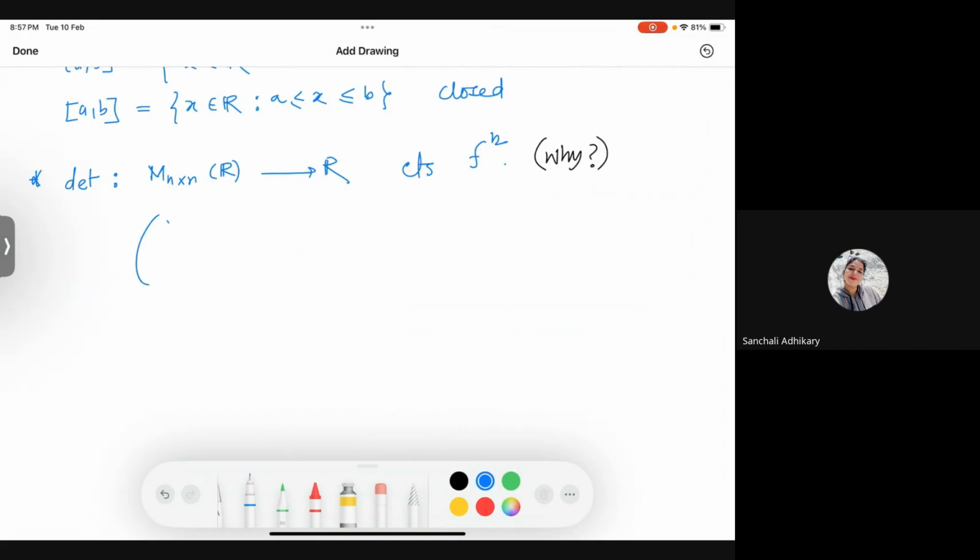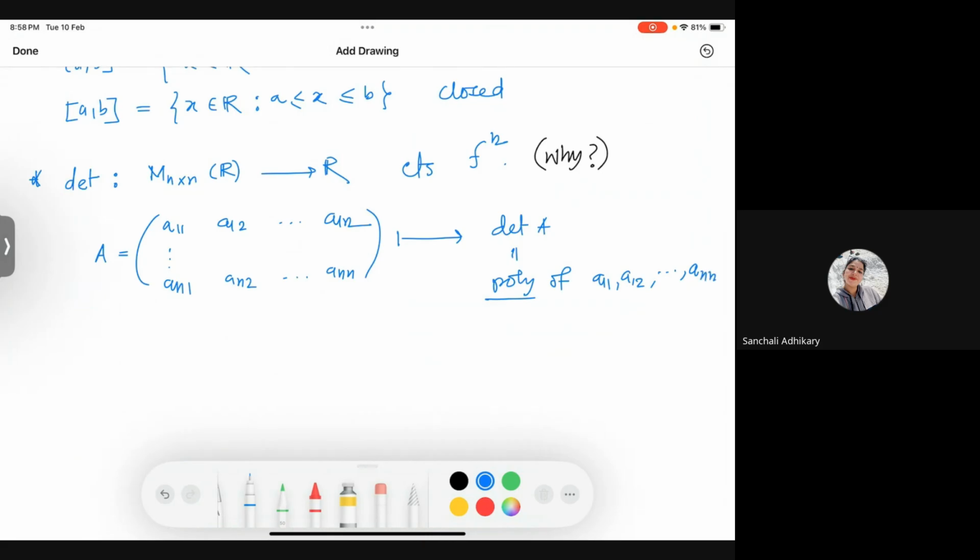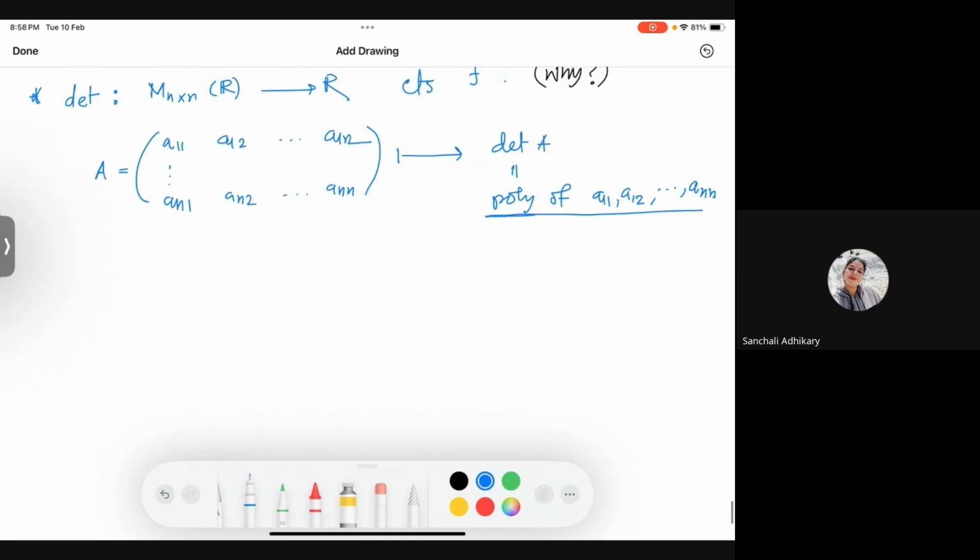Because if you take the matrix with entries a11, a12, ..., a1n down to an1, an2, ..., ann, then when you take the determinant, you get a polynomial of a11, a12, ..., ann, and any polynomial function is continuous. So the determinant function is continuous. Till now this is fine, na?